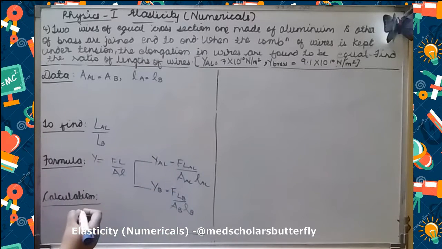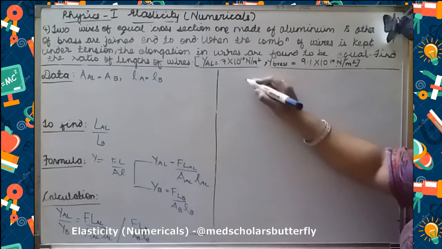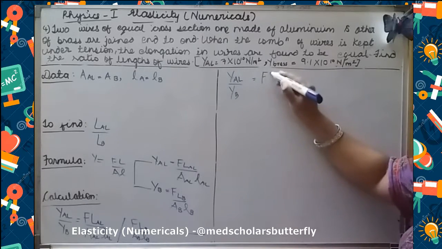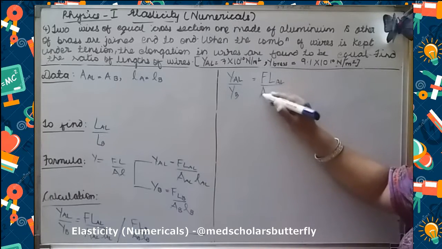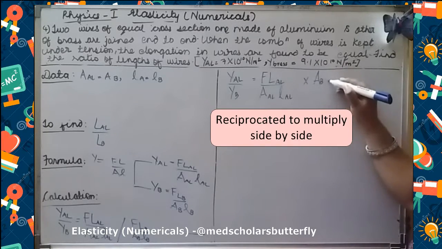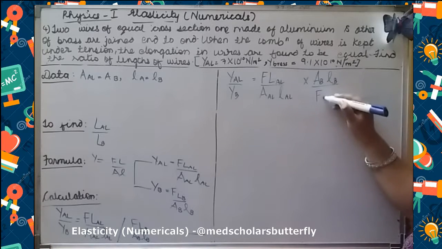We will divide both of them, so this will become Y_A upon Y_B equal to F L_A upon A l_A into A l_B upon F L_B.